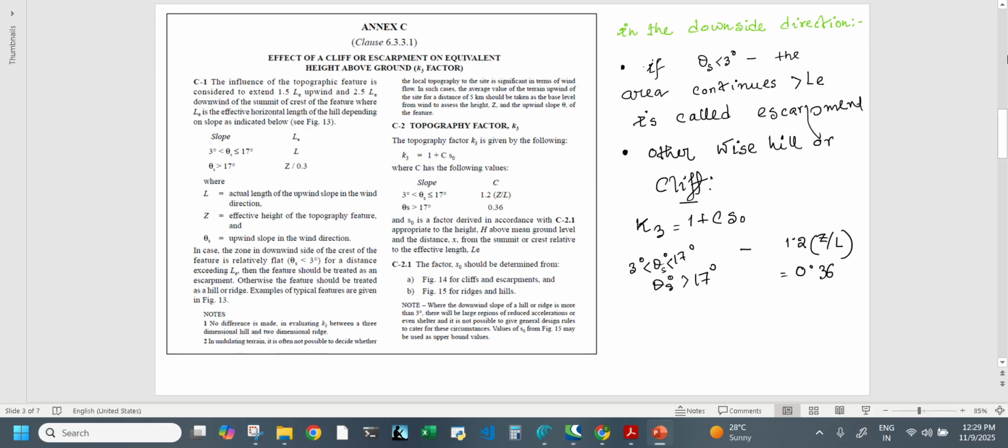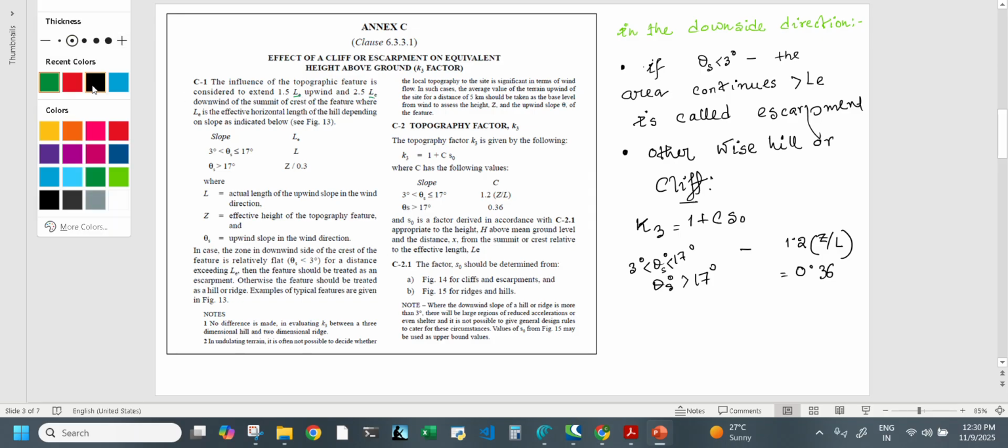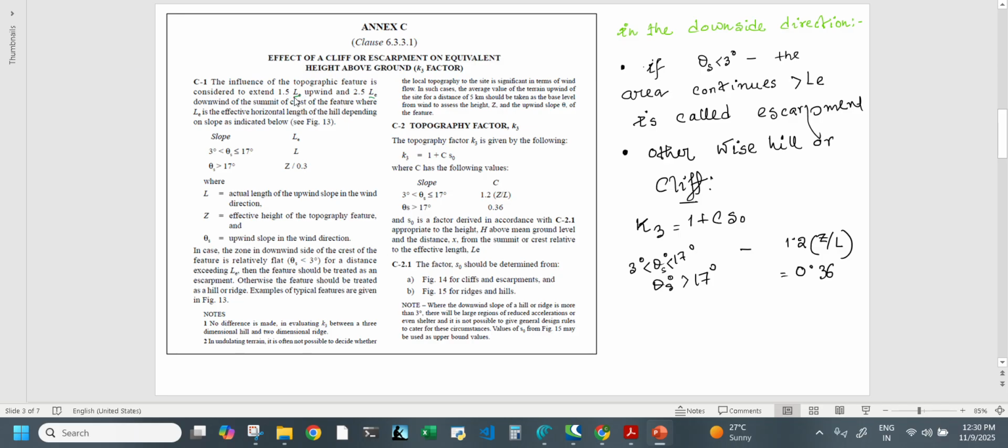First, the influence of topographical features is considered to extend 1.5 LE and 2.5 LE, and we can see that LE is not known to us till now. So we have to know what is LE, the effective length. LE is the effective horizontal length of the hill on a slope, as indicated below.